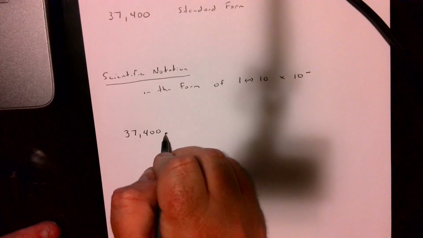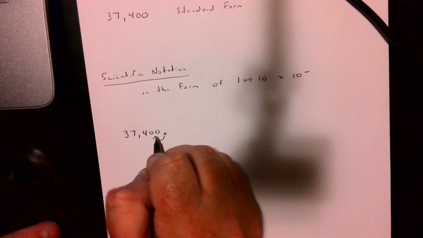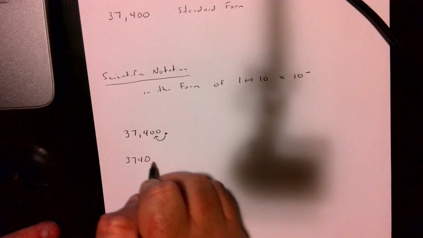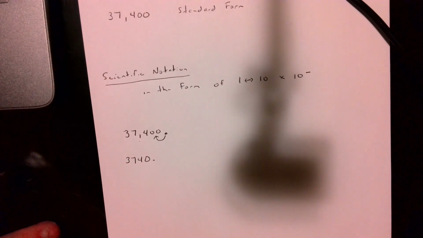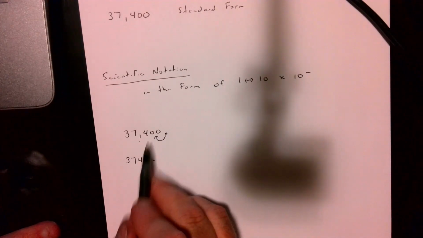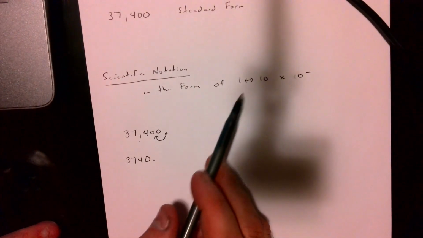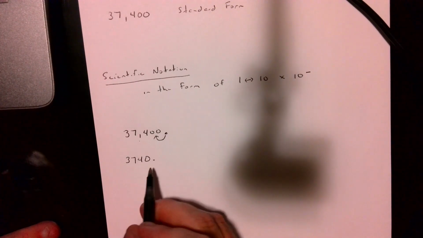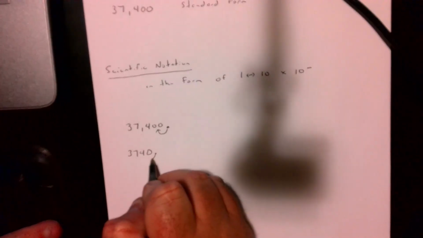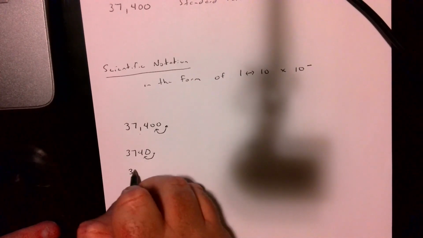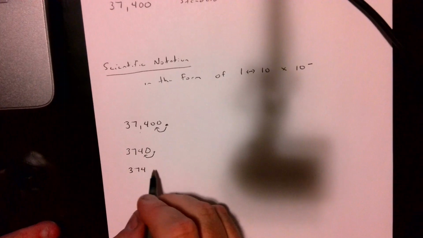So if I take this decimal and move it over one time, we now have 3,740. So we did get smaller, but we're still not between 1 and 10. So we move the decimal one more time, and now we have 374.